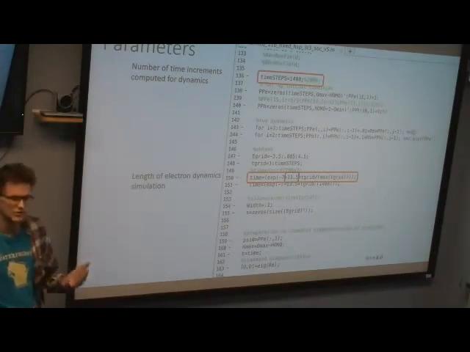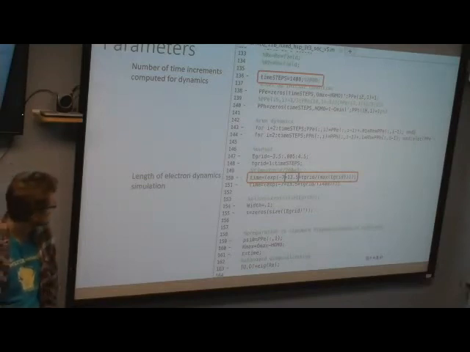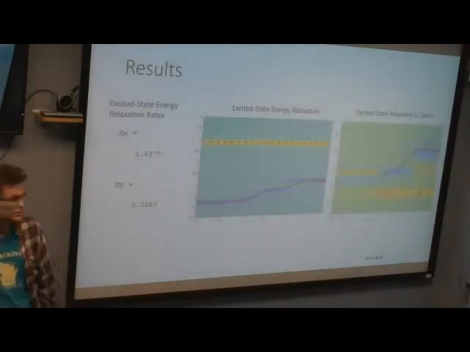But you can figure out other convenient ways to change this number too. So changing this box number increases the time of the simulation. And those are really the only other two parameters worth messing with in the program.